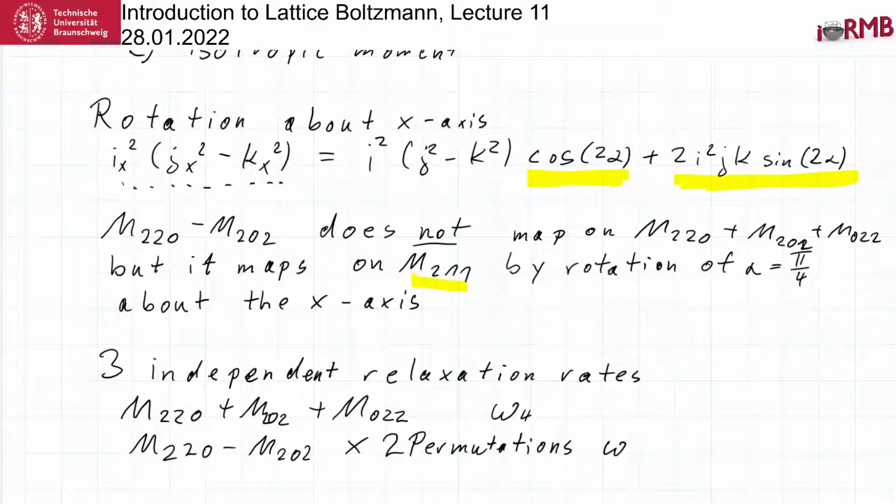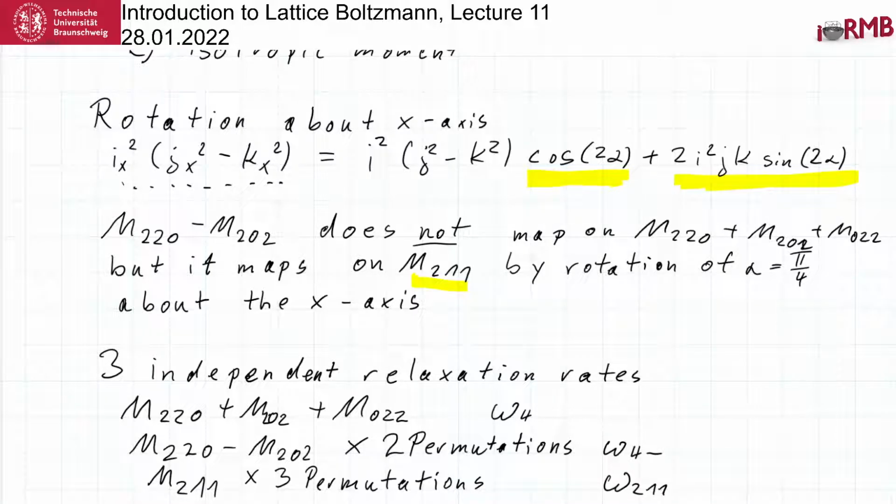And this we call omega 4 minus, and then we have m211 together with 3 permutations. And this goes with omega 211.